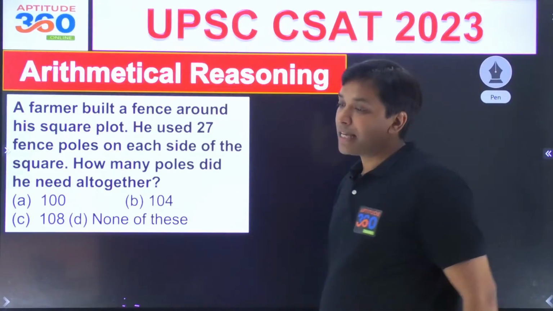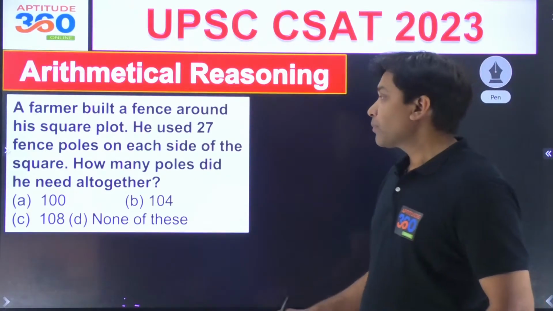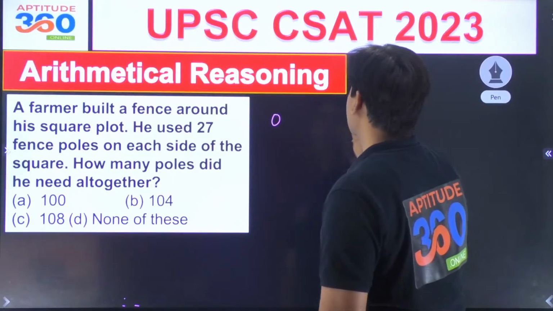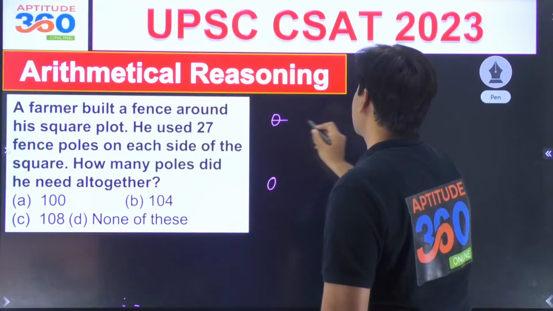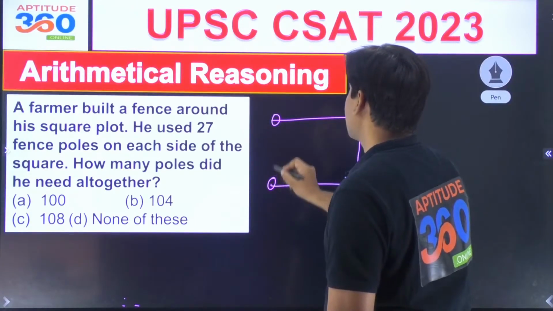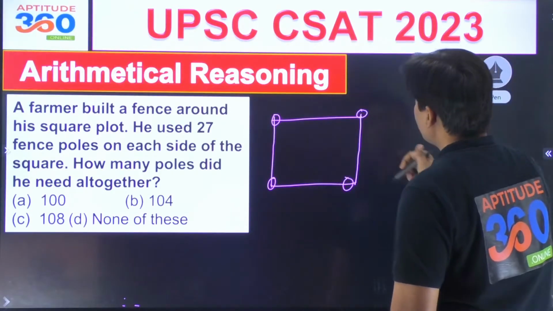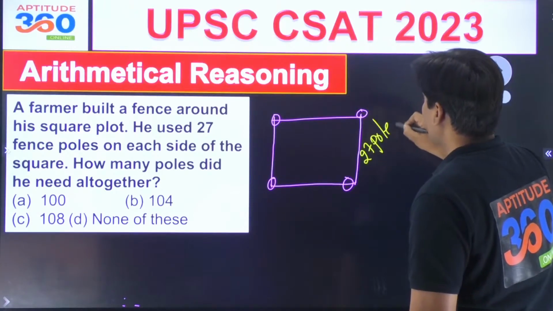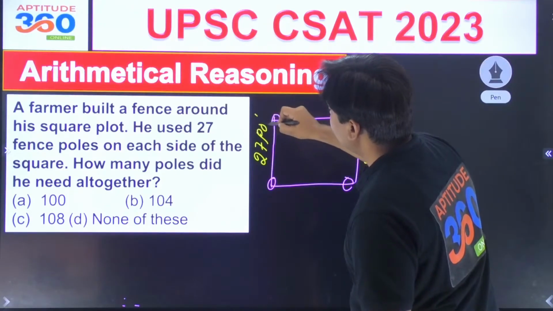So Divya's answer is C. How many of you would agree with her? So this is going to be a square, isn't it? And if you use 27 poles on this side and 27 poles on this side, isn't it?